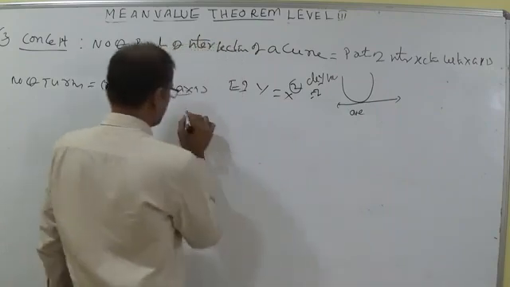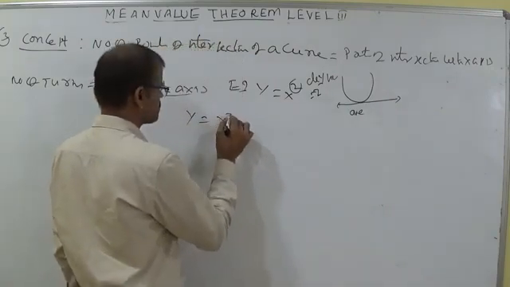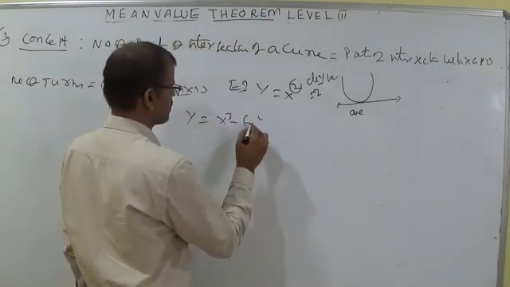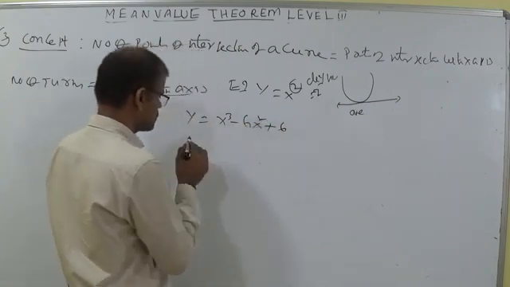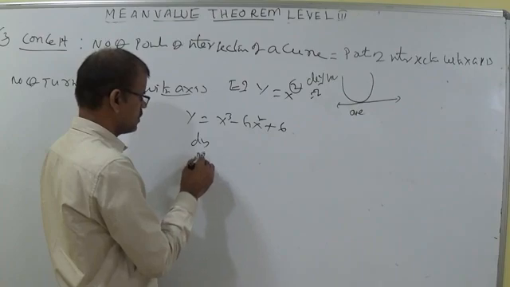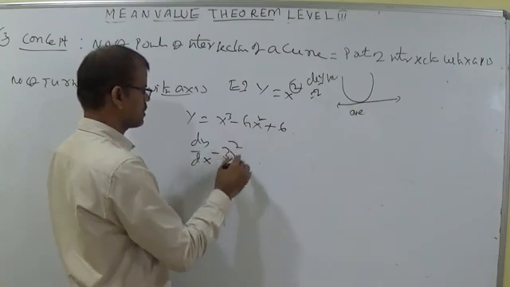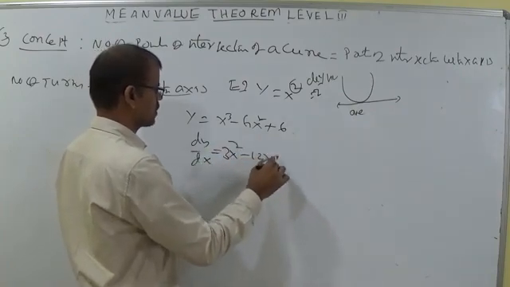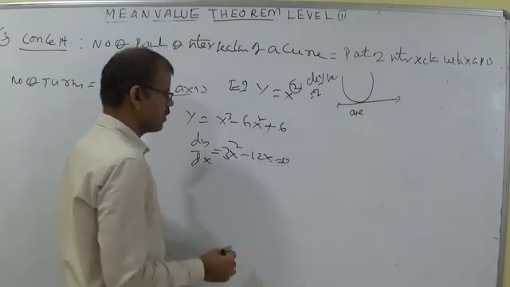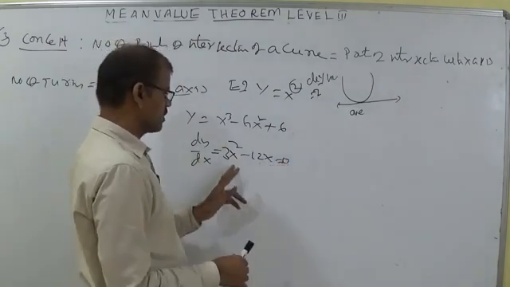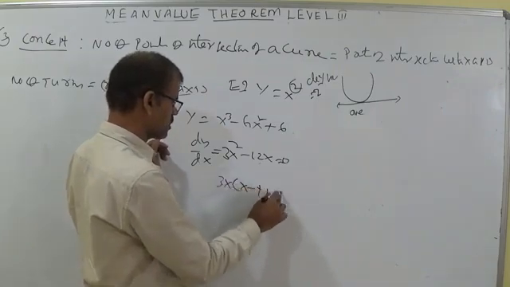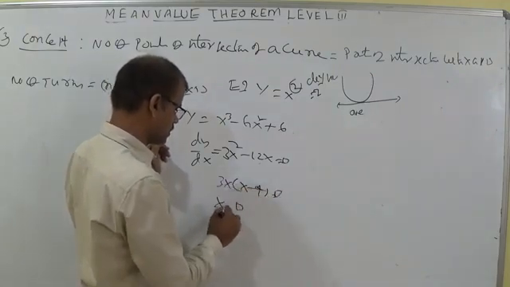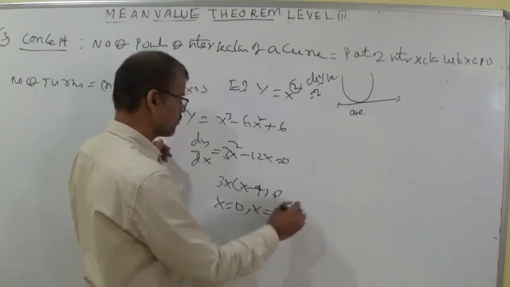Next, y is equal to x cube minus 6x square plus 6, like that. So y dash, dy by dx, is equal to 3x square minus 12x equal to 0. Taking 3x common, you get x minus 4 equal to 0. x equal to 0 and x equal to 4.